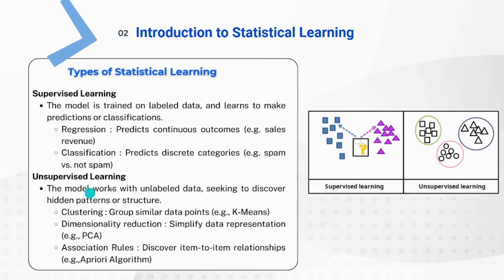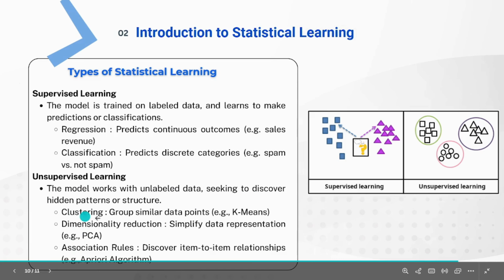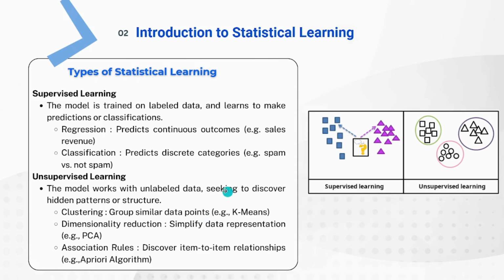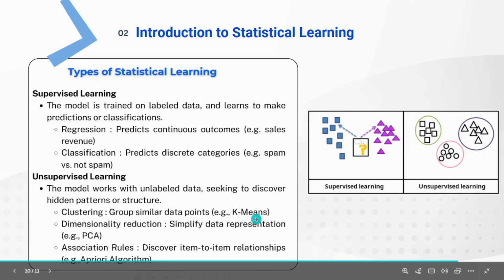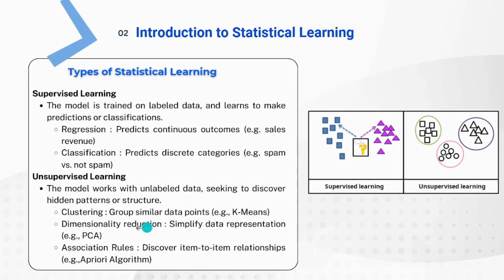For unsupervised learning, the models work with unlabeled data, seeking to discover hidden patterns or structure. We have three main groups. Clustering: in clustering we group similar data points. Among the famous algorithms, we have the K-means algorithm.